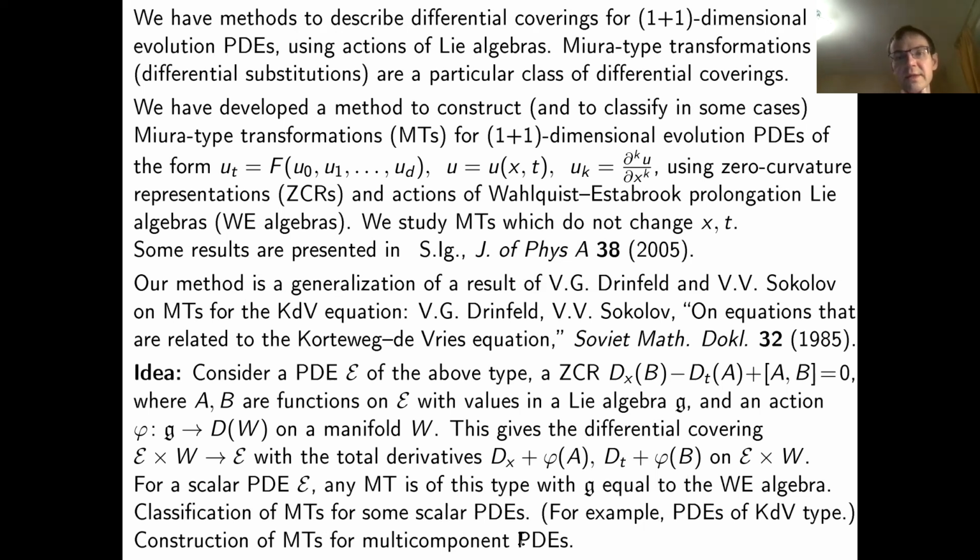There is no proof that all Miura type transformations can be obtained in this way in the multi-component case, but at least one gets a rich construction which gives quite a lot of Miura type transformations for multi-component evolution equations.